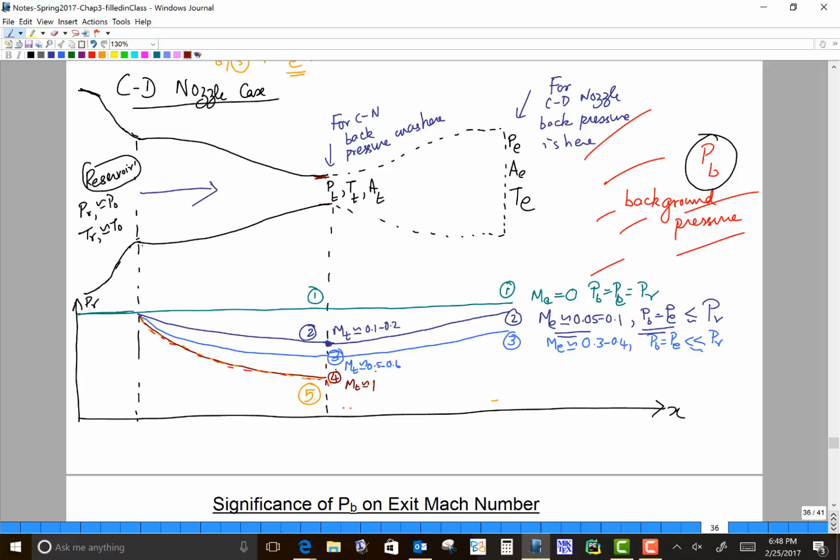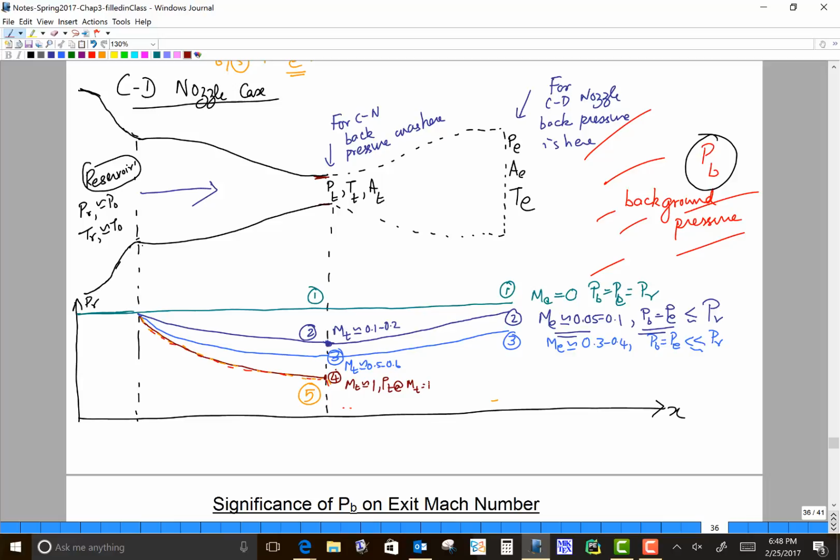And if the flow is sonic at the throat, there are two possible solutions. One possible solution is that the flow could accelerate into a supersonic flow regime and expand, which means it will have a lower pressure compared to the pressure PT at the throat, corresponding to MT equals 1.